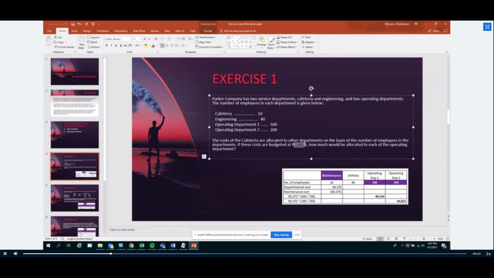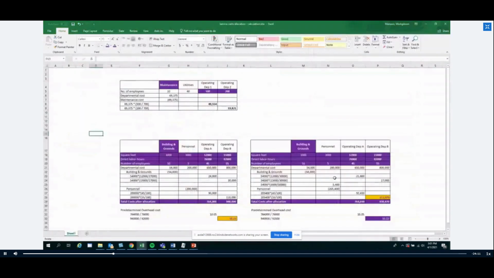So the total cost of the cafeteria is 69,375. Okay? This is wrong, it should be cafeteria.